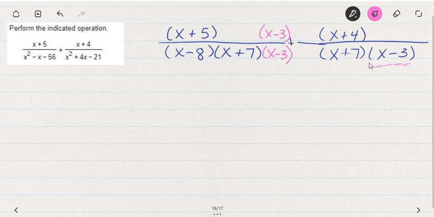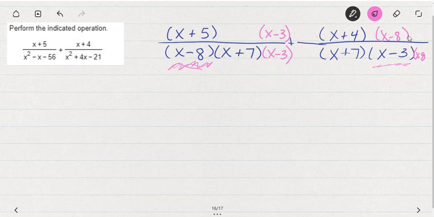Now let's do the same thing for the second fraction. For the second fraction, we've got an x plus 7 and x minus 3. It looks like we're missing an x minus 8. If the second fraction is going to have everything that the first one has, we're going to need to insert in here a factor of x minus 8.